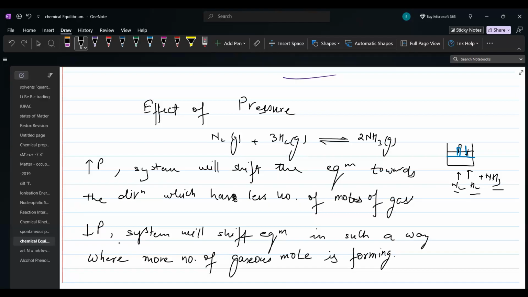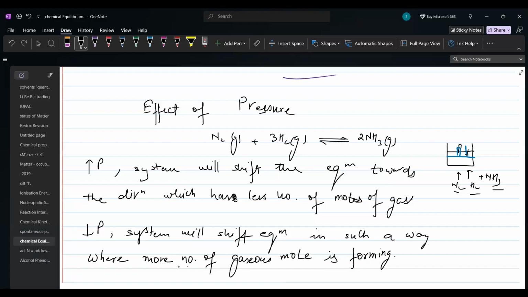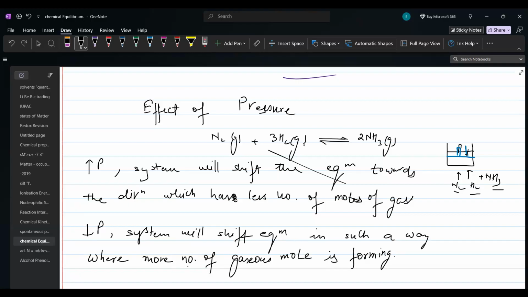What change have we made in the second case? We reduce the pressure. So the equilibrium will want to increase the pressure. How can it increase the pressure? By shifting the equilibrium in such a way that more and more gaseous moles will be forming. Got it? In this case, when we have decreased the pressure, where is the greater number of gaseous moles?